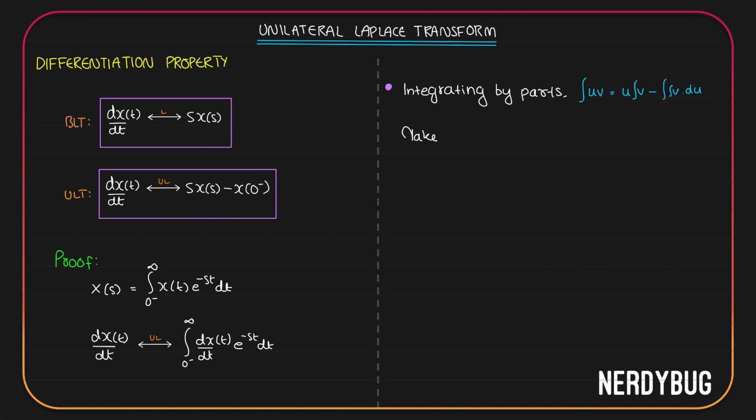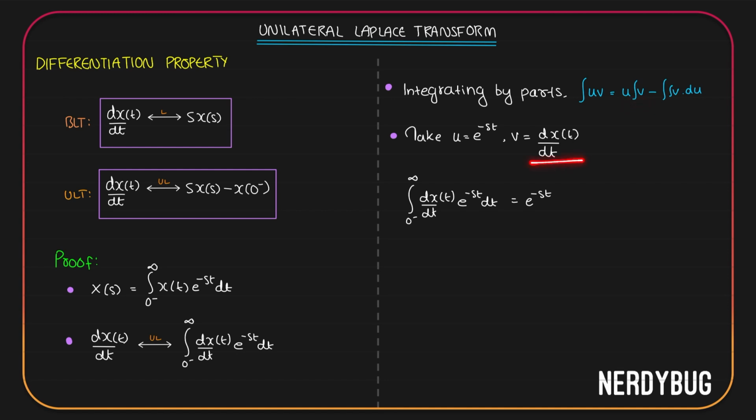Here we will take e raised to minus st to be u and dx of t by dt to be v. Then the integral becomes e raised to minus st multiplied by the integral of v.